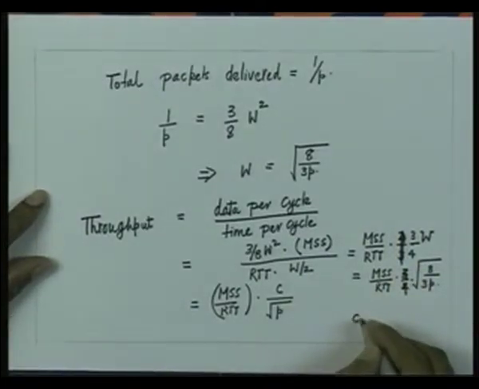So therefore the constant C is actually equal to root 3 by 2.